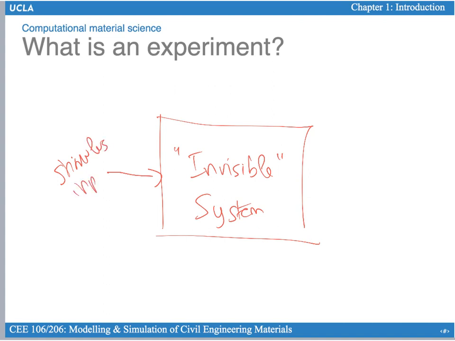This input depends on the type of behavior that you are trying to assess. If you want to assess the stiffness of a material, you will need to either apply a load to the material, or you will need to deform the material. If you are trying to measure the transparency of a material, then you will need to apply an incoming source of light.